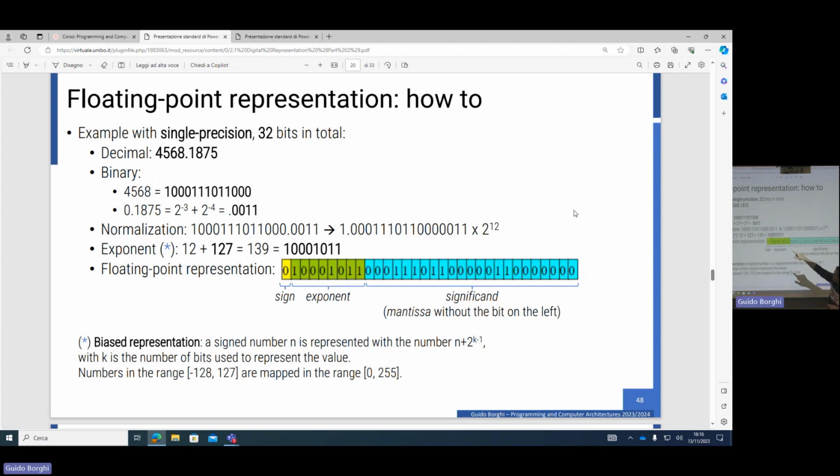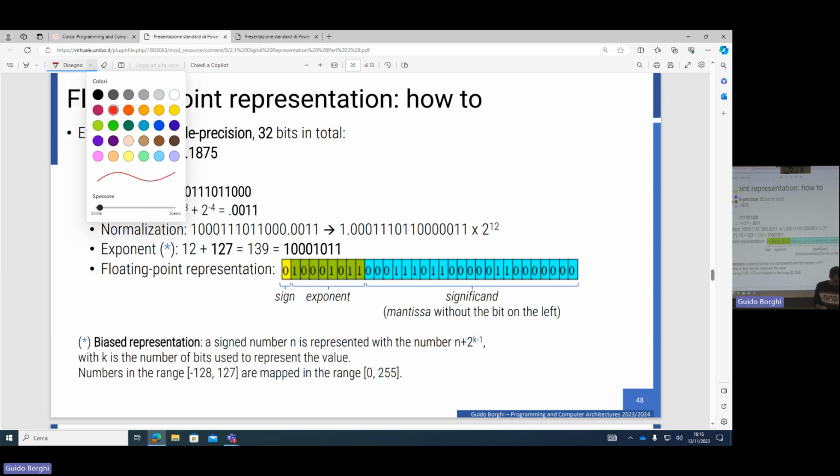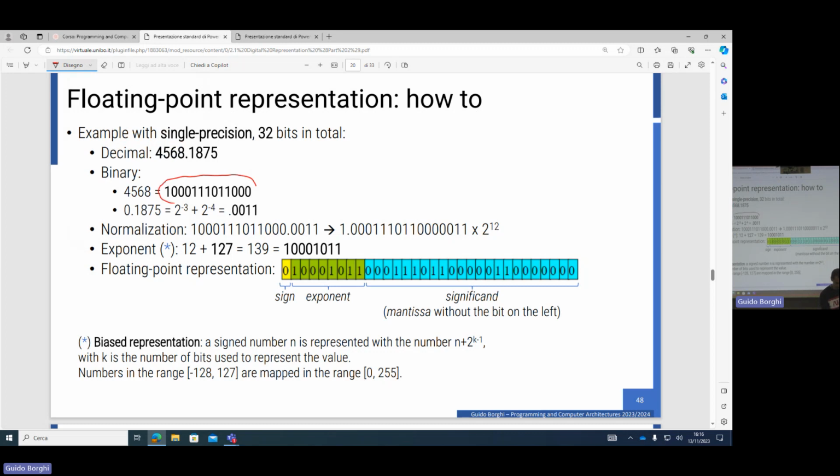The first step is to convert the decimal positional representation to the binary positional representation. The second step is to convert the decimal part, but I will give you the conversion, so you can skip this step, since I will provide you a table with the binary positional representation of the decimal part.